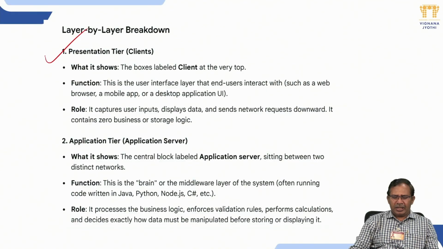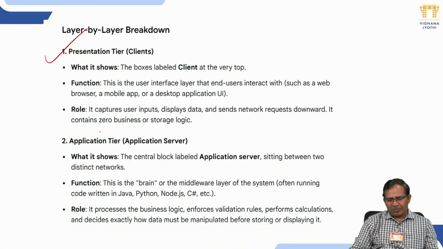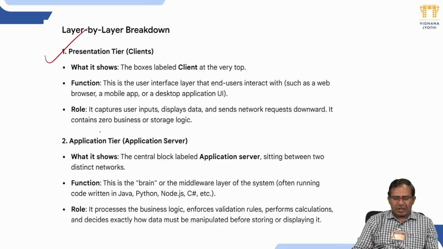Its functionality is the user interface layer that the end user interacts with, maybe a web browser, mobile app, or desktop application, to get the required response. Its role is to capture user inputs, display the data, and send network requests downward. It contains zero business or storage logic.